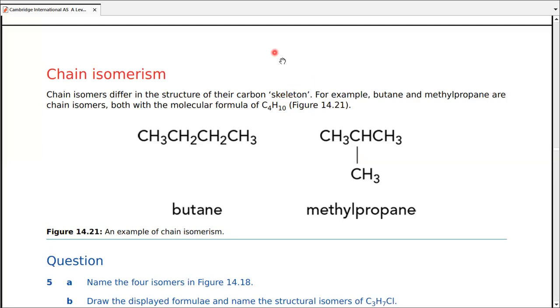If you look at both of the examples, these both are C4H10, the example I actually started off with when I was explaining isomerism back in IGCSE. Now you understand that if we take that example from IGCSE, this example is for chain isomerism. Now, I hope you're clear with chain isomerism, right?